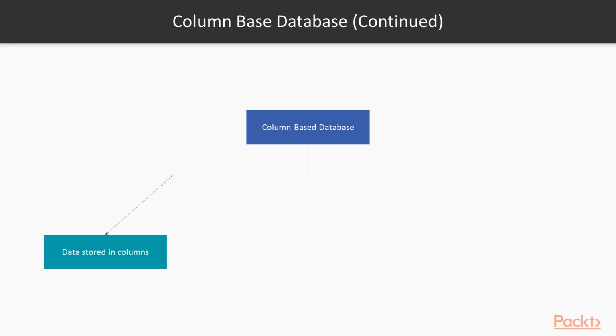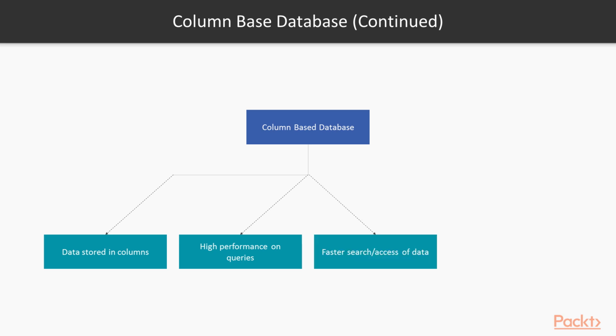The data is readily available in a column, and hence this type of database delivers high performance on aggregation queries like sum, count, average, minimum, etc. All the cells corresponding to a column are stored as a continuous disk entry, thus making searches and access of data faster. Column-based NoSQL databases are widely used to manage data warehouses, business intelligence, CRM, and many other applications. Cassandra is an example of a column-based database.